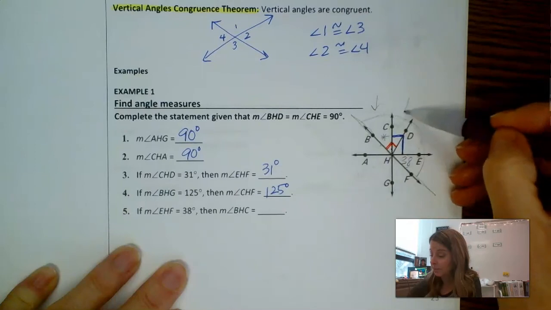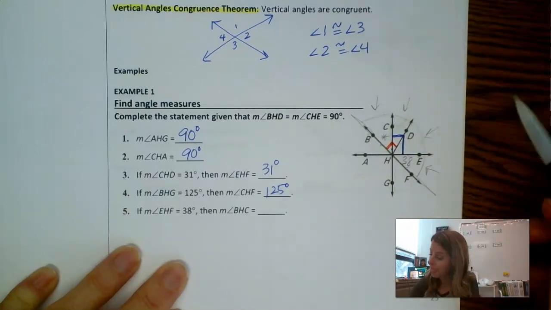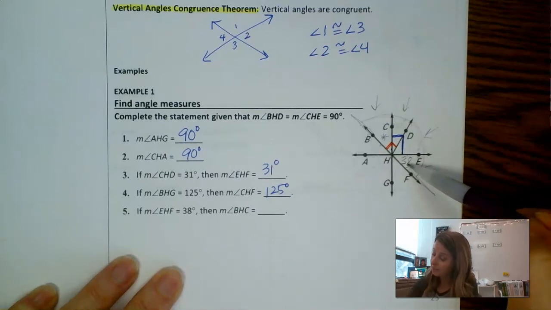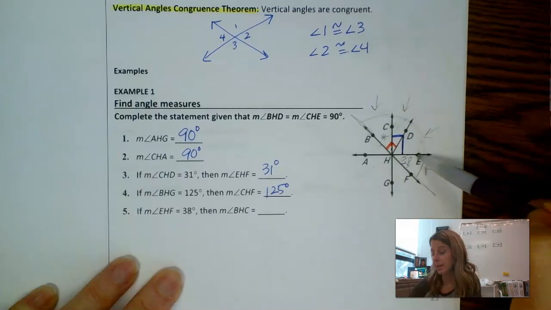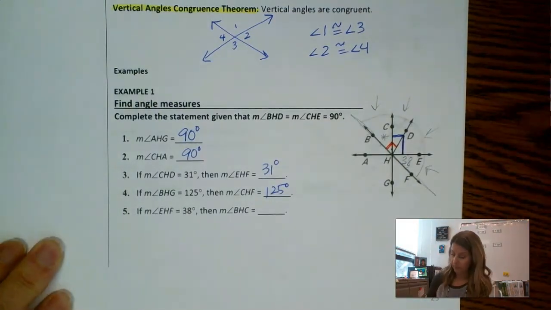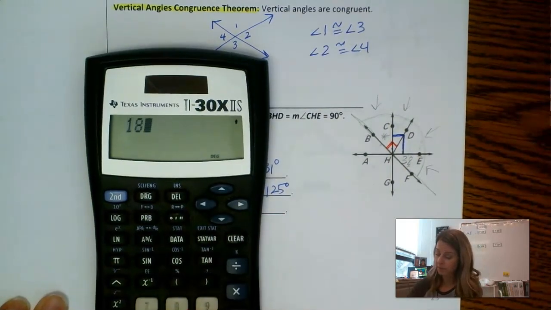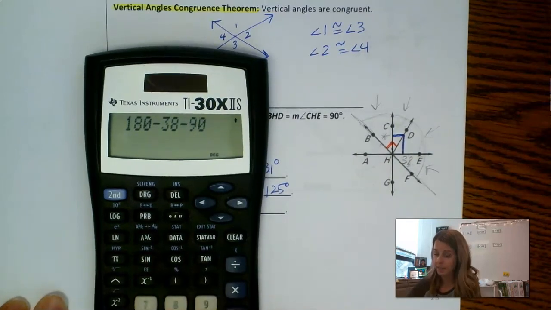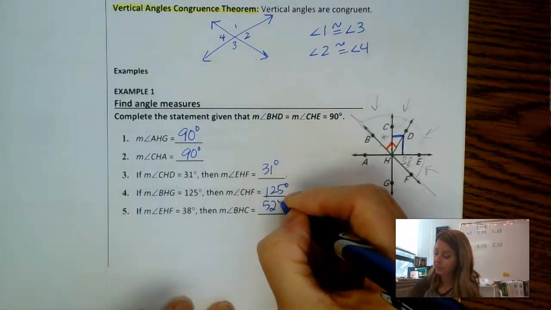So this angle plus this angle plus this angle plus this angle should be 180. This is 38. I have this big right angle here, so these two together make 90. So I'm just left with one more. One way to do this is take the total, take away 38, take away the 90, and I'm left with 52. So that last angle over there is 52 degrees.